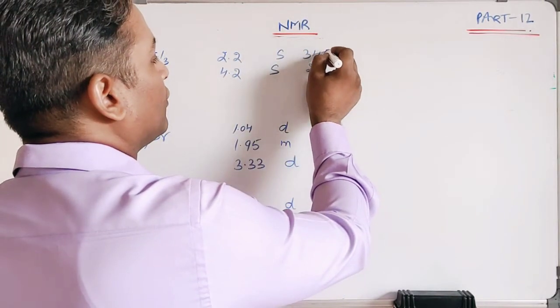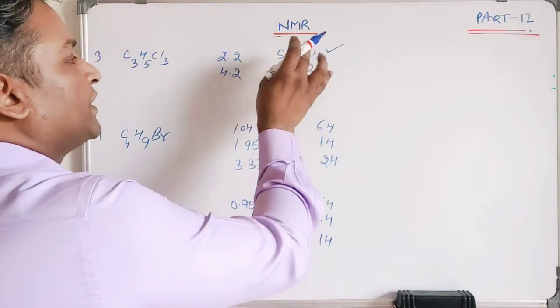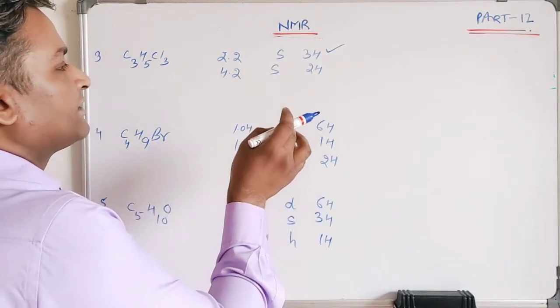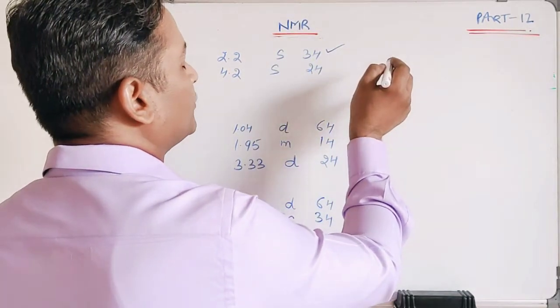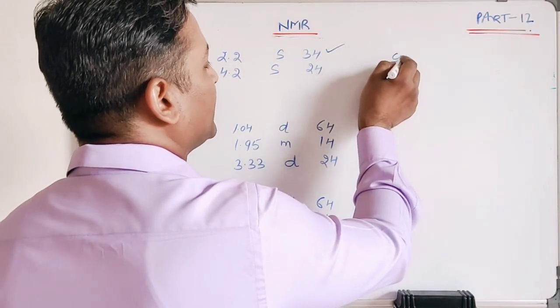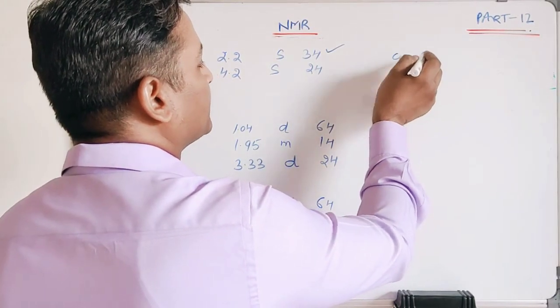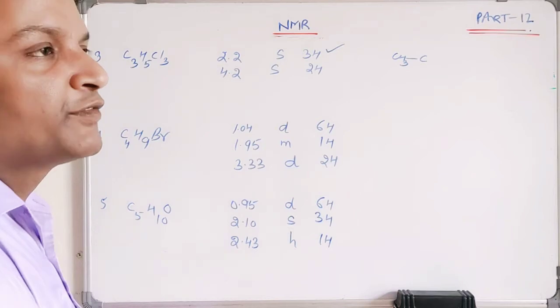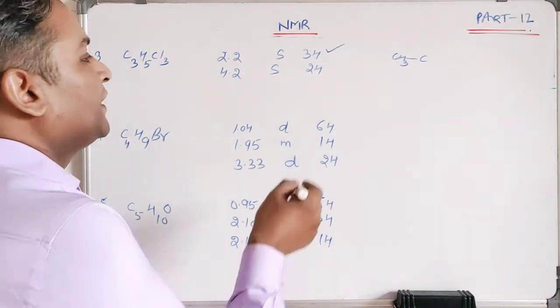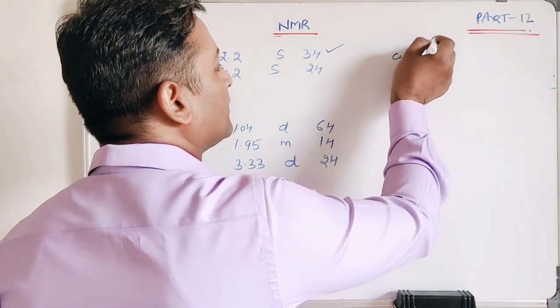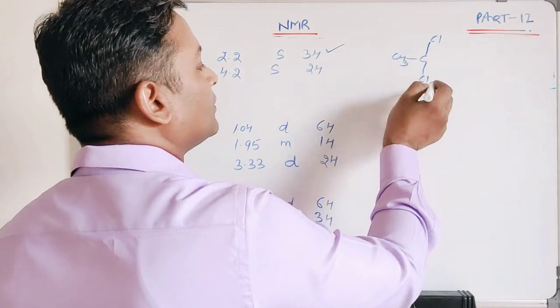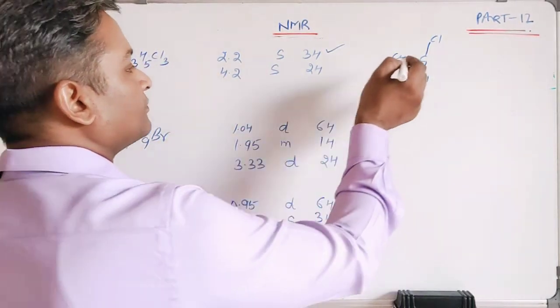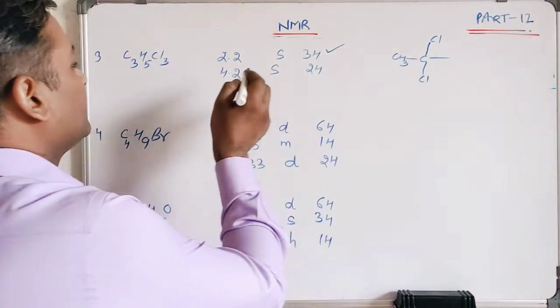What information do we get from this peak? The information we get is that a singlet for 3 protons always indicates we have CH3 separated by just a carbon. Only then can we have a singlet for 3 protons. So there must be some group, but not protons.